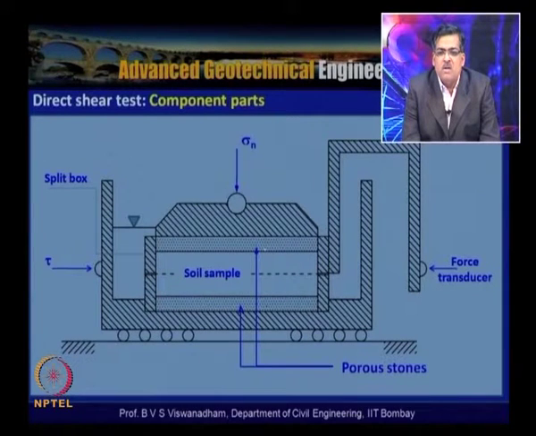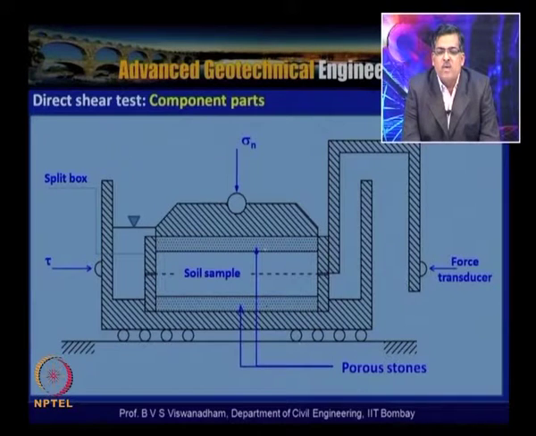Here the configuration is that you have an upper shear box and a lower shear box, and in order to keep the failure plane at the predetermined surface, serrated plates are used at the base. These serrations have to be perpendicular to the direction of the shear, so that the failure is induced along that predetermined failure plane.